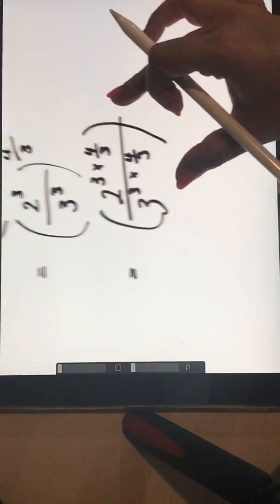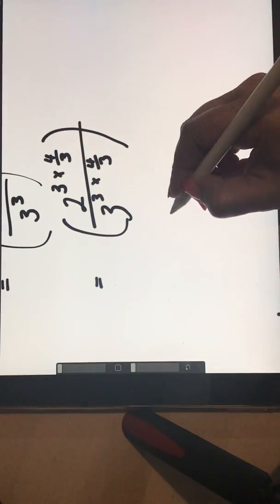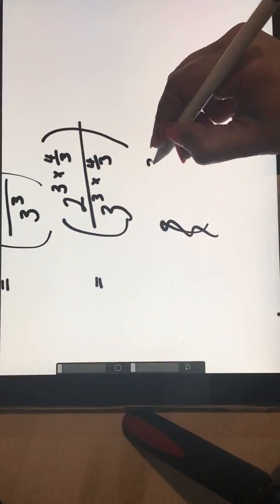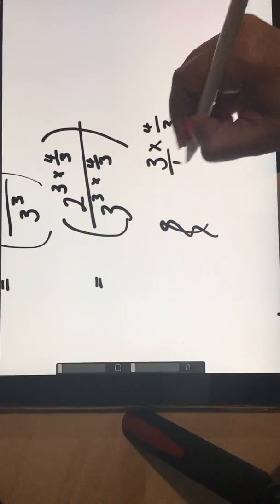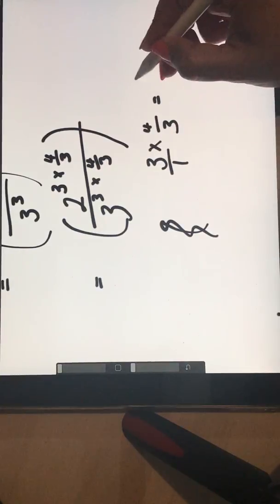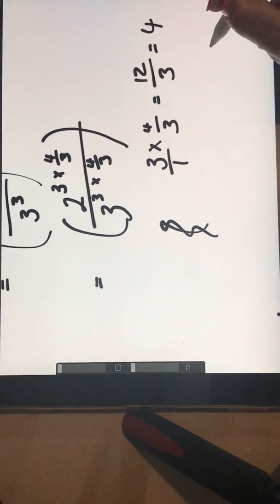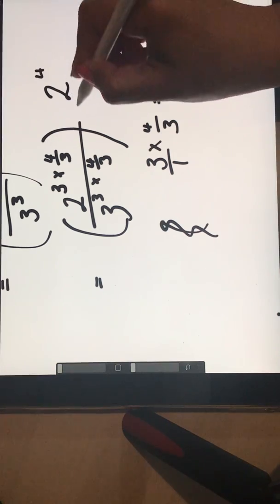If I want to blow that up for a minute, forget about the brackets. If we have the 3 times 4 over 3, let's put this over 1, we're going to get 12 over 3, which is equal to 4. So that part will simply be 2 to the power of 4.